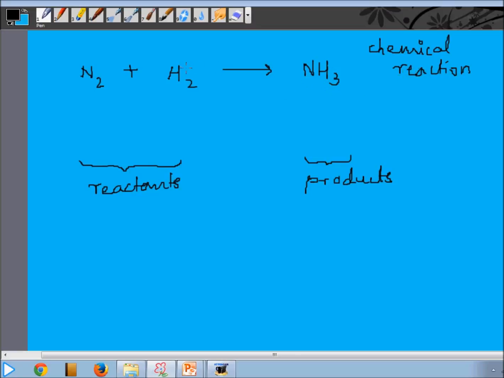There might be some energy changes involved. I might have to give energy in order for the reaction to take place, or I might obtain energy from a given chemical reaction. So a chemical reaction involves changes on two different levels: one is the energy level and the other is the molecular level. We'll go into details of them later on.